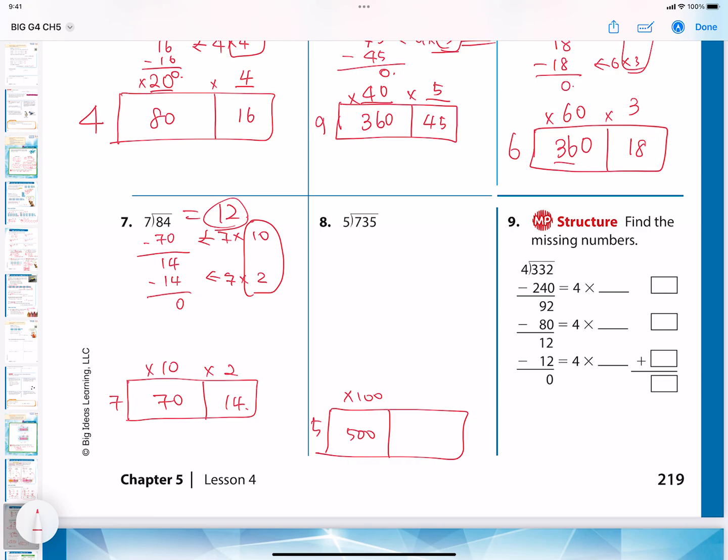Okay, so I might need more space, more partial areas, right? But I'm going to go ahead, since we can always add whatever we have, which is 500. I'm going to take away. See, how did I get this one? 5 times 100, right? That's 500. So when you take them away, it's going to be 532.